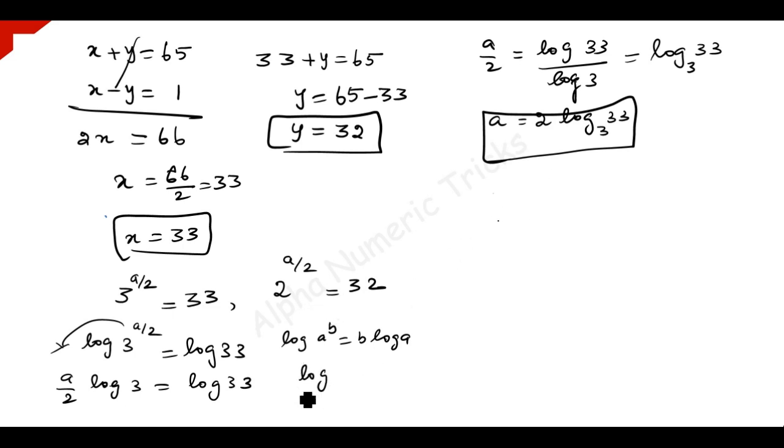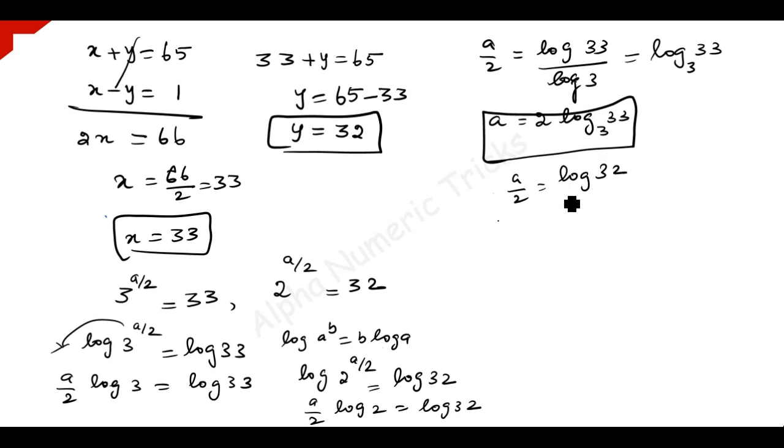We have log 2 to the power a by 2 is equal to log 32, or you have a by 2 log 2 is equal to log 32, or a by 2 is equal to log 32 over log 2, or you can write this as log 32 base 2, or a is equal to 2 log 32 base 2.